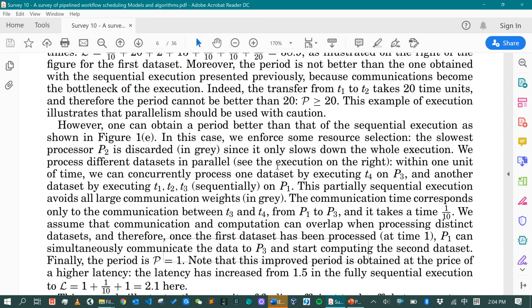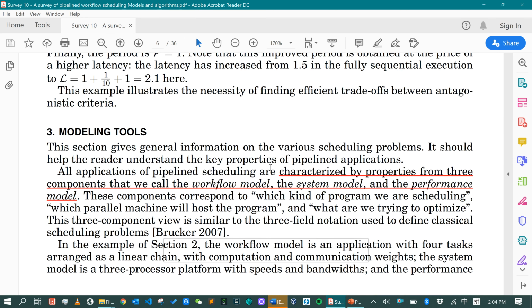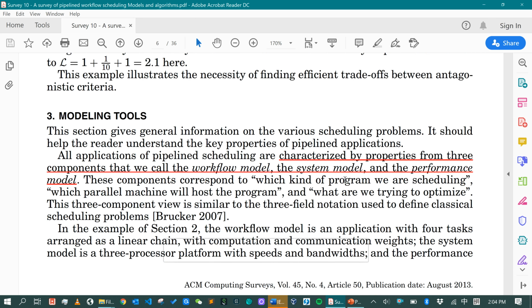Following that, it introduces modeling tools for the scheduling algorithm, and it divides them into 3 parts. The first is the workflow model, which is basically a representation of the workflow, like a DAG, a directed acyclic graph, and what the nodes and edges represent.